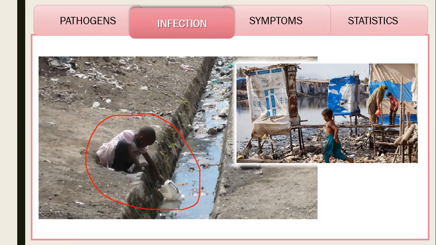Maybe they will use this water as food, or to prepare food, or maybe to wash clothes. But as a result, they will use this water. If this water contains Vibrio cholerae, the pathogens of cholera, these people will be infected and will have the disease cholera.